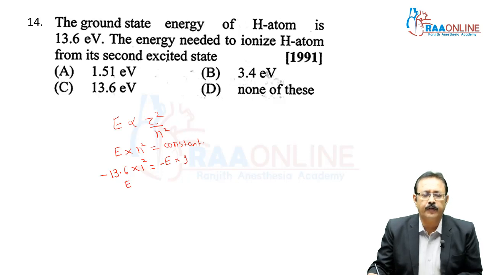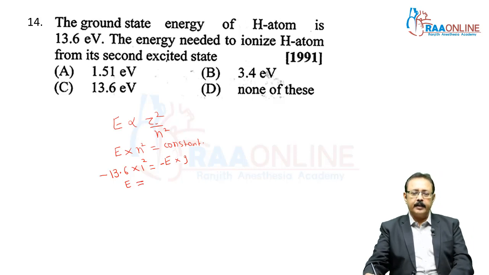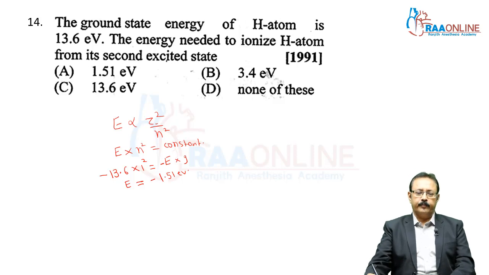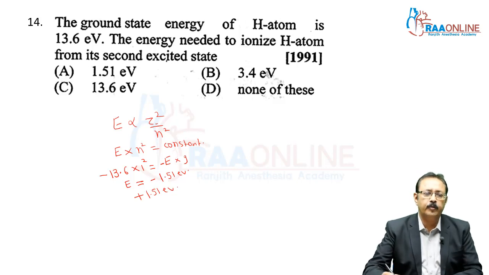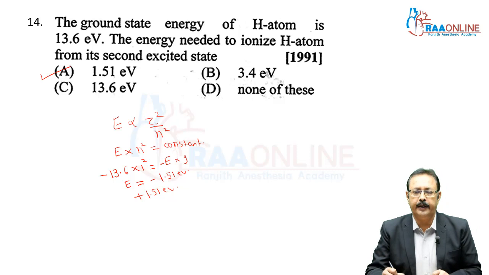So energy of electron in the second excited state, means third orbit, is minus 1.51 electron volt. So to ionize the atom from this state, you need plus 1.51 electron volt energy to remove the electron from this position, so we are going with option A. So for 14th, option A is correct.